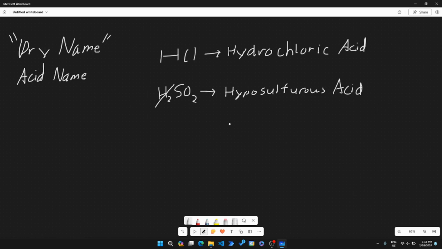Well, what if it ends in ate? If it ends in ate, so this would be H2SO4, hydrogen sulfate, then you would get sulfuric acid.